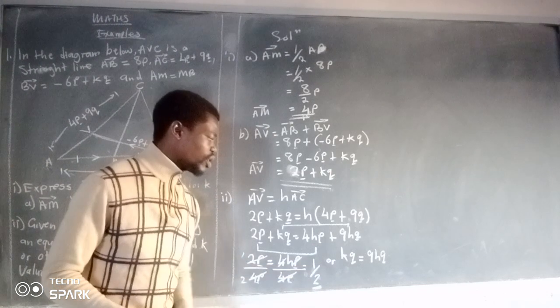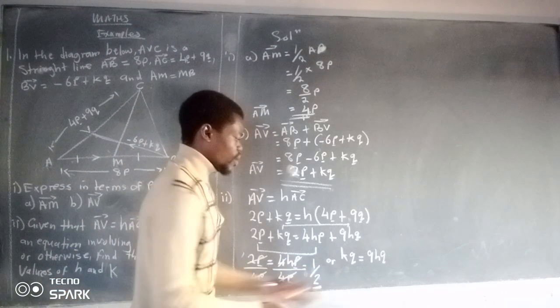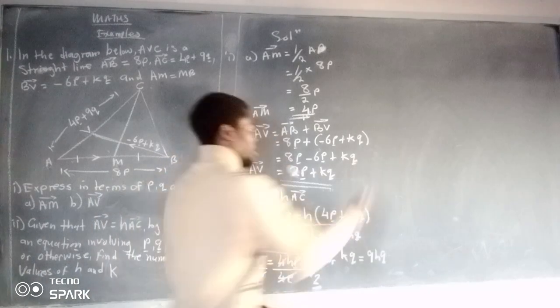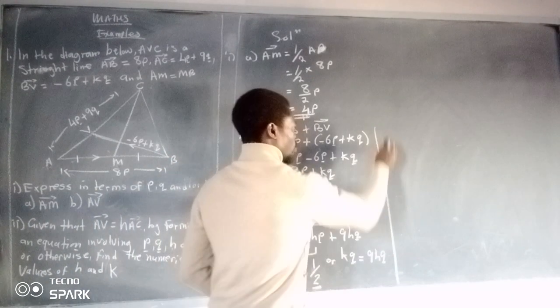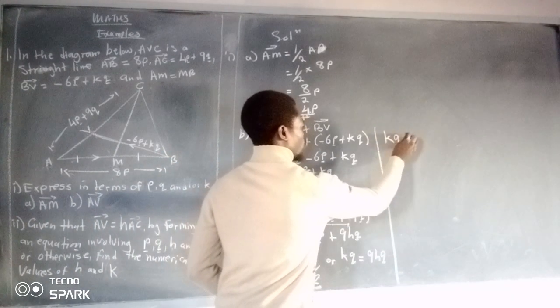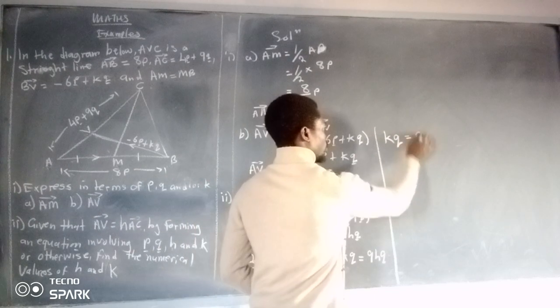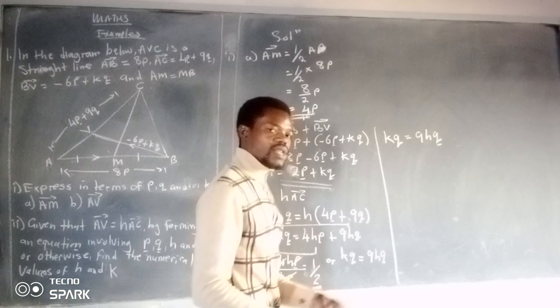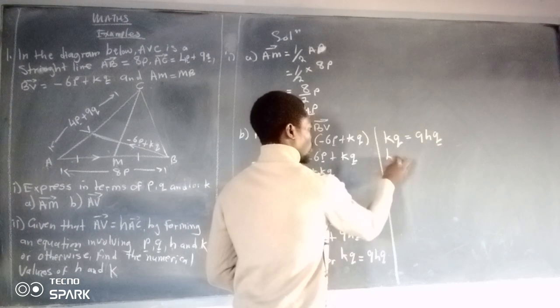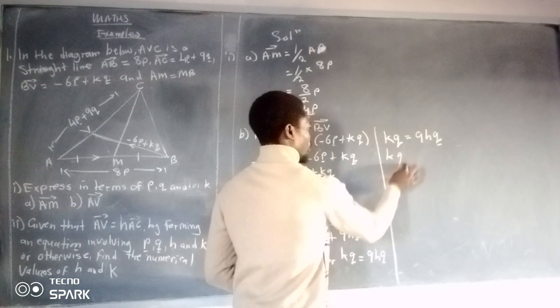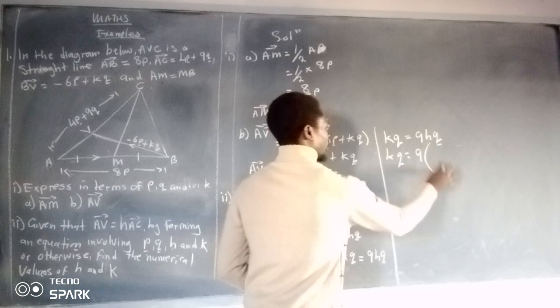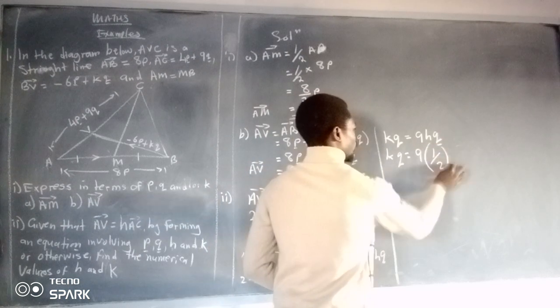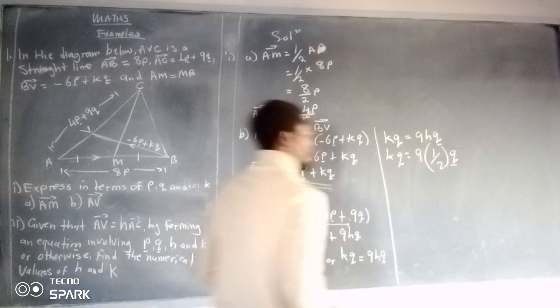So substitute H in that formula. You are substituting H in here. We have KQ is equal to 9HQ. So we are substituting the value of H. It's equal to 9 times 1 over 2Q.